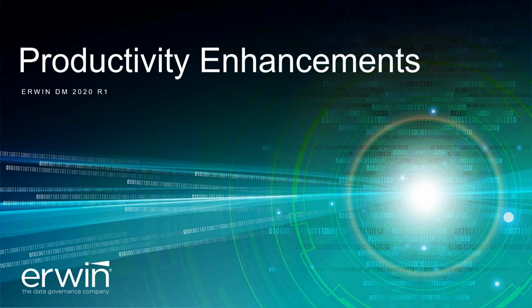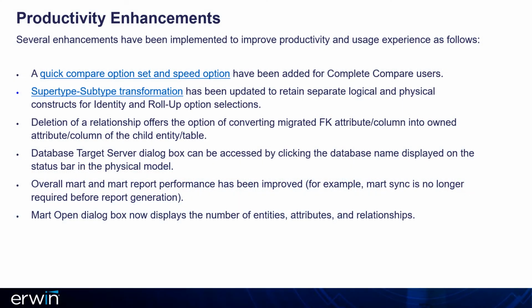All right, last section, productivity enhancements. Complete Compare has been enhanced with a quick compare option set ready to use, as well as a speed option. This prevents unnecessary comparison of extra items. We have updated the supertype-subtype transformation to retain separate logical and physical constructs for identity and roll-up option selections.